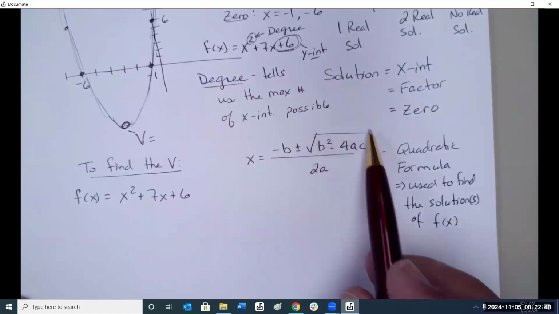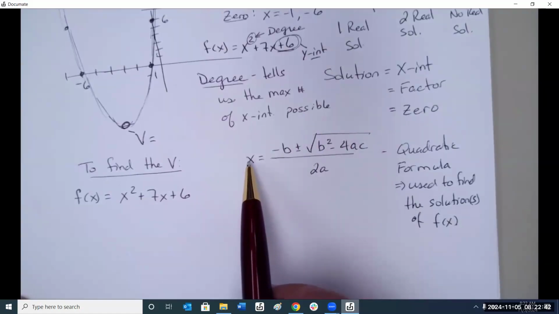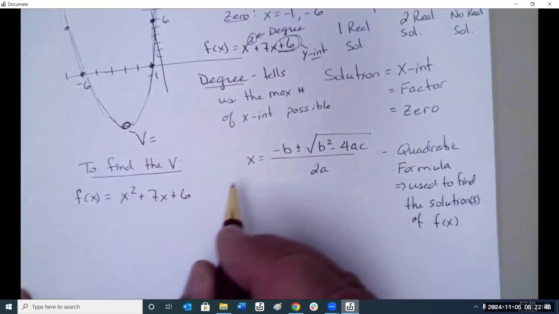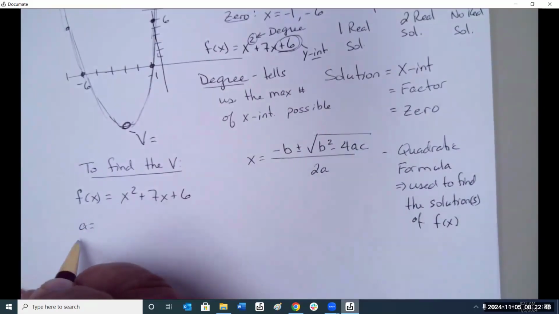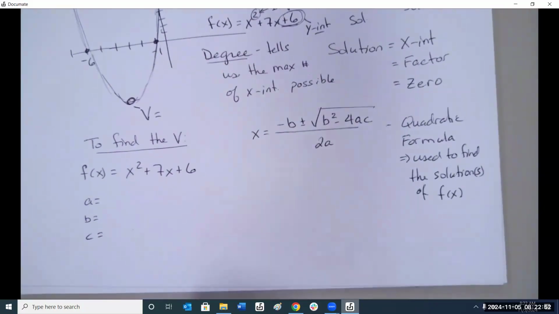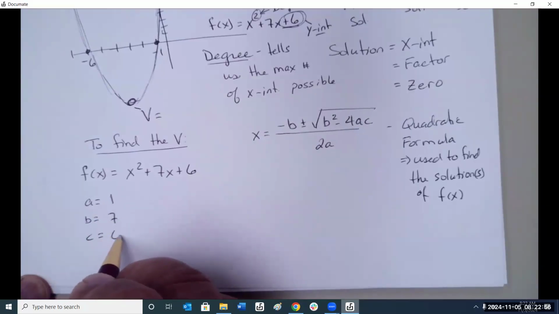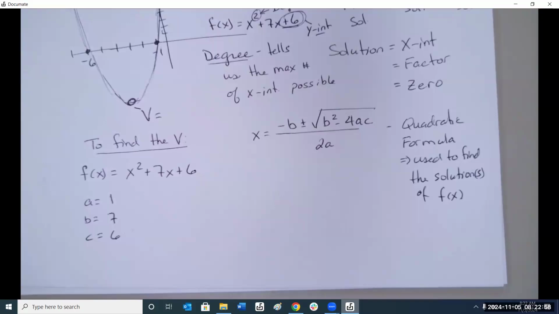There are no x's inside the equation. The x is on the outside. Only the coefficients. So what we have to do first is locate the coefficients. What is a? What is b? And c? 6.